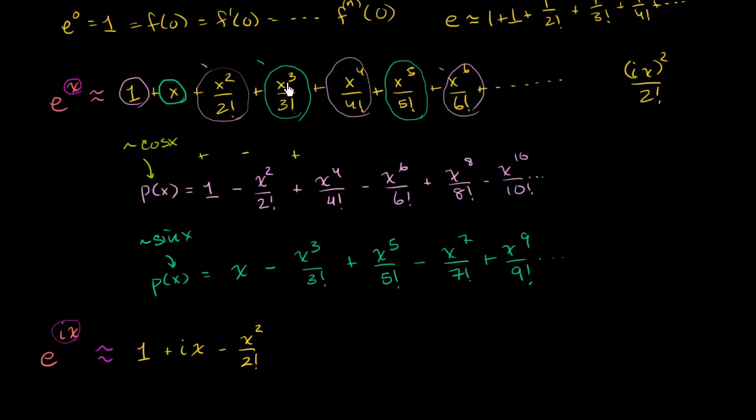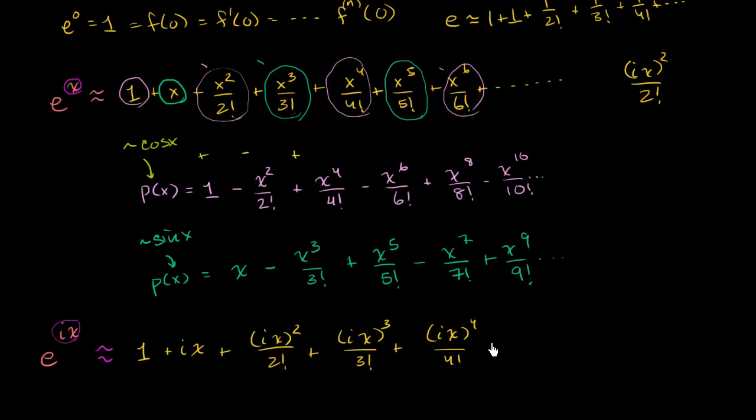So what is ix to the third power? Actually, let me write this out. Let me not skip some steps over here. So this is going to be 1 plus ix plus ix squared over 2 factorial plus ix to the third over 3 factorial plus ix to the fourth over 4 factorial.